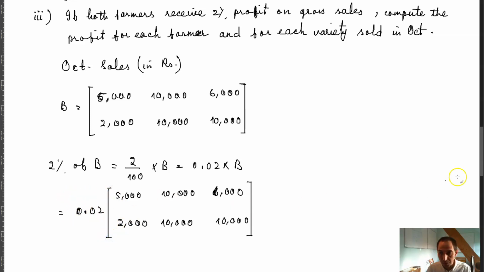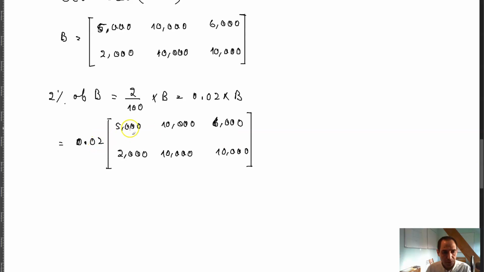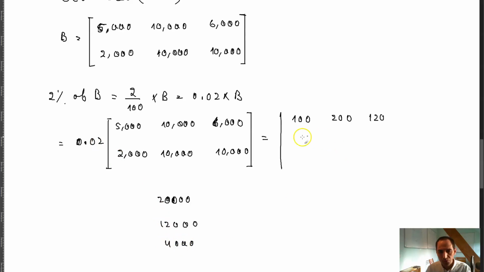I can simply multiply. If I multiply this by 2 and then divide by 100, that gives me 10,000, and 10,000 divided by 100 gives me 100. 20,000 divided by 100 gives 200. 6,000 times 2 is equal to 12,000; divided by 100, that gives me 120. 2,000 times 2 is equal to 4,000; divided by 100 gives me 40. 10,000 times 2 is equal to 20,000; divided by 100 gives me 200.